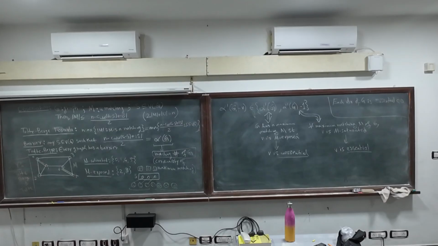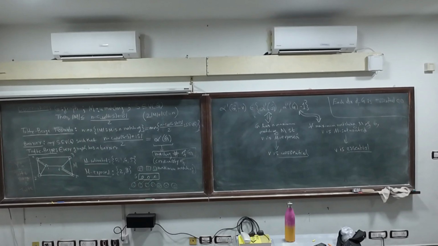What does it mean for every vertex to be essential? There's a perfect matching. So if you delete the vertex, can the size of a maximum matching go down by 2? You take a maximum matching. If it doesn't match the vertex V, then it is the same thing as a matching of G minus V. If it matches the vertex V, then remove the edge.